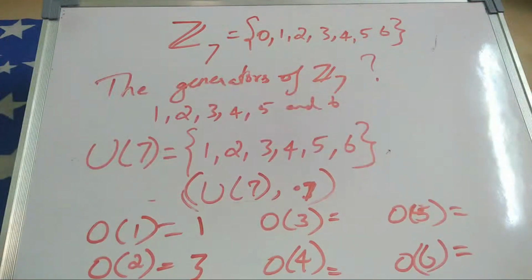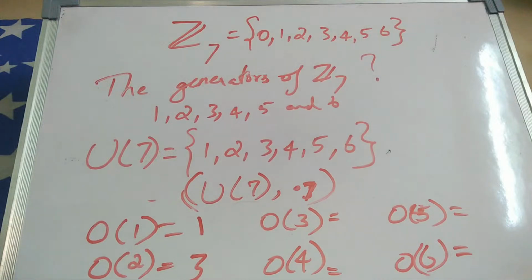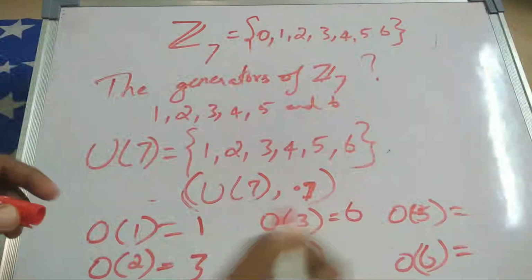No, definitely 4 cannot be the order of any element here. The reason is the order of this group is 6 and 4 does not divide 6. So orders have to be either 1, 2, 3 or 6. Okay, so the order of 3 is 6.